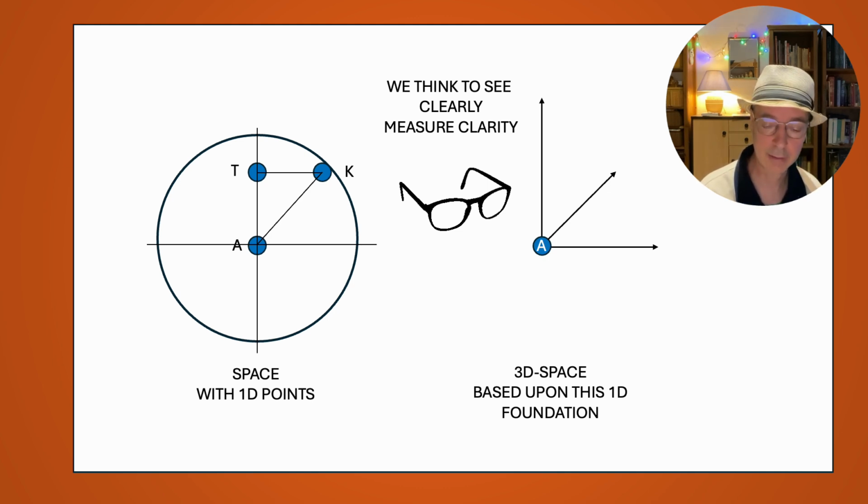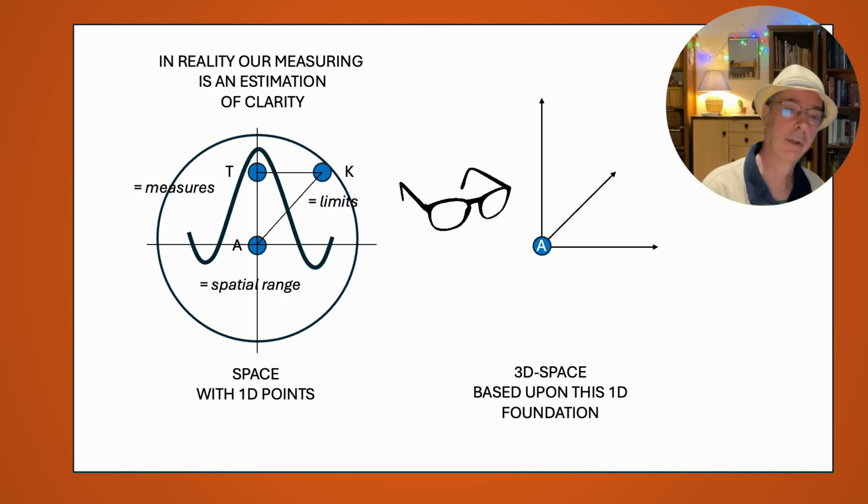We look for clarity, and this clarity is built around the number 1. The problem with our vision and division and looking towards reality is that it is not always exact science. So it is an estimation.